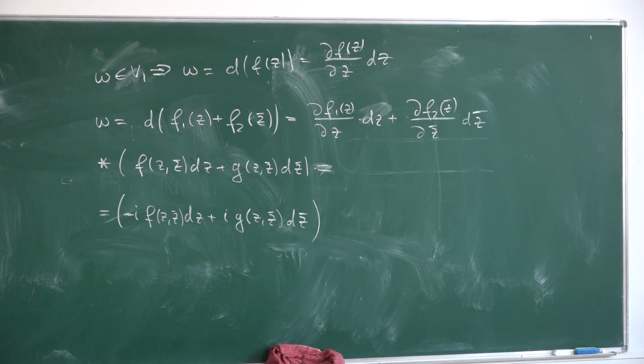Therefore, the space of holomorphic forms has dimension G, 1/2, because harmonic forms are holomorphic forms plus anti-holomorphic forms. Okay.